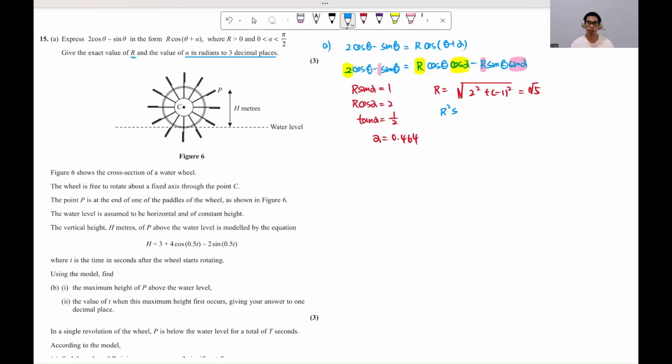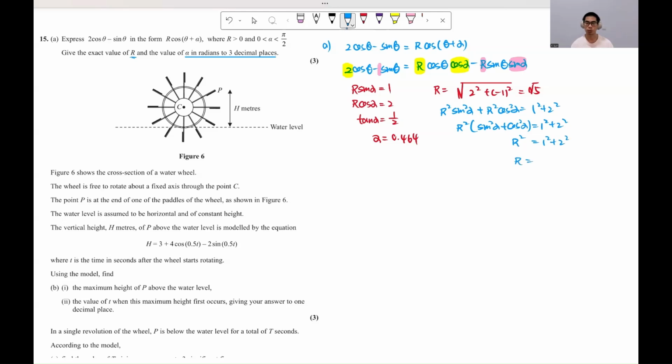So r squared sin squared alpha plus r squared cos squared alpha equals 1 squared plus 2 squared. If you factorize the r squared, you will have sin squared alpha plus cos squared alpha, which cancels out and becomes 1. So you have r squared equal to 1 squared plus 2 squared.